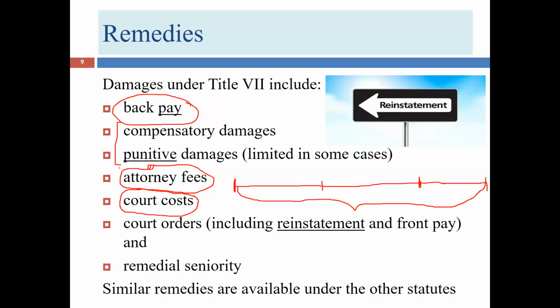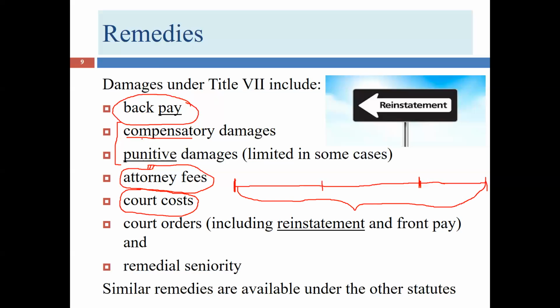The first is compensatory damages. Compensatory damages are damages that are designed to, yes, you guessed it, compensate the victim after the victim has proved that he was the victim of some kind of unlawful act. And you could say, well, isn't back pay designed really to compensate the victim? Well, of course it is.